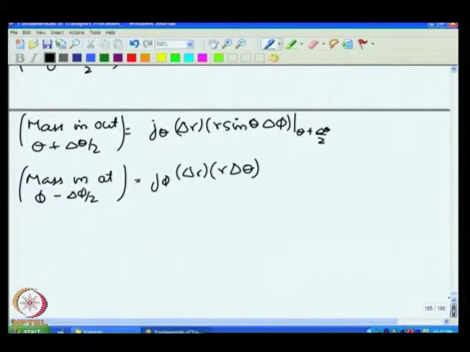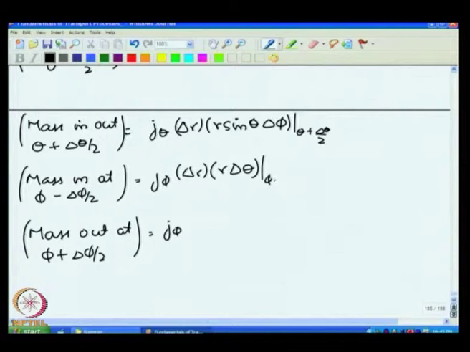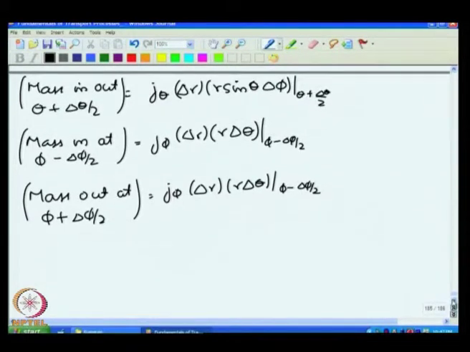And similarly, mass out at phi plus delta phi by 2 is equal to J phi times delta r times r delta theta. So, these are the masses in and out on all the surfaces due to diffusion.